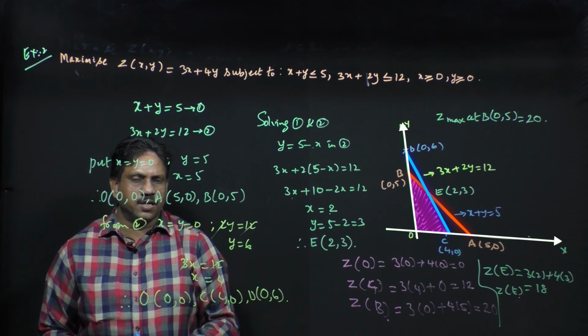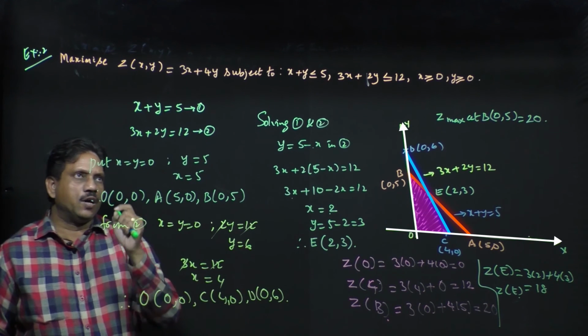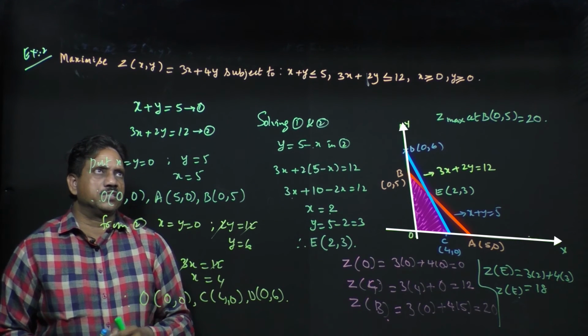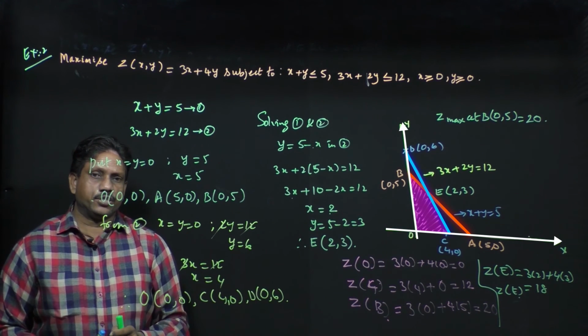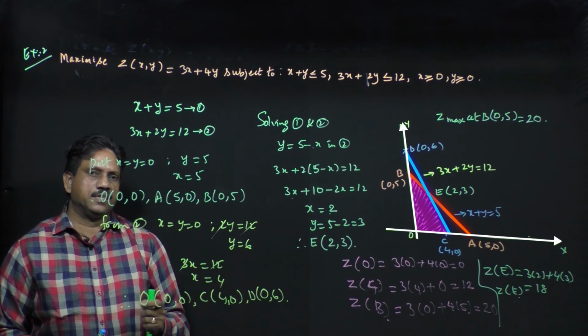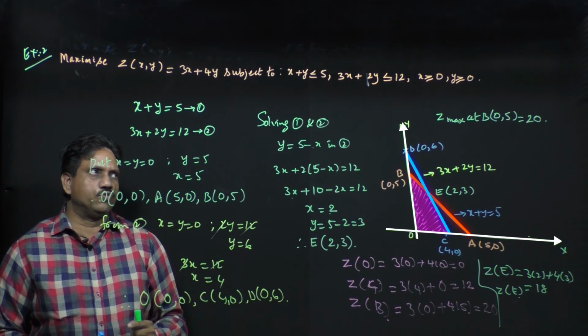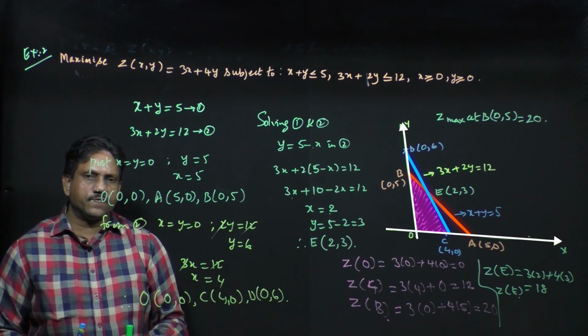Once again, students, how to solve? The given objective function is Z of x comma y equal to 3x plus 4y, subject to the constraints x plus y less than or equal to 5, 3x plus 2y less than or equal to 12, where x greater than 0, y greater than 0. First of all, you have to plot the given constraints on the graph.